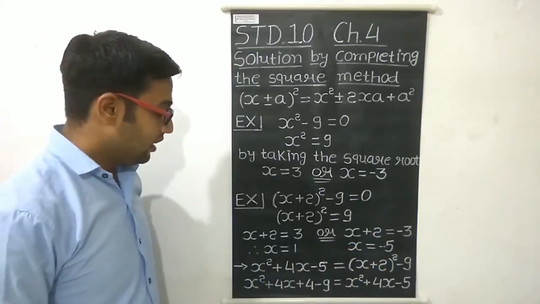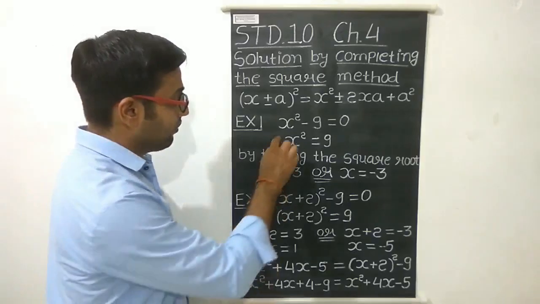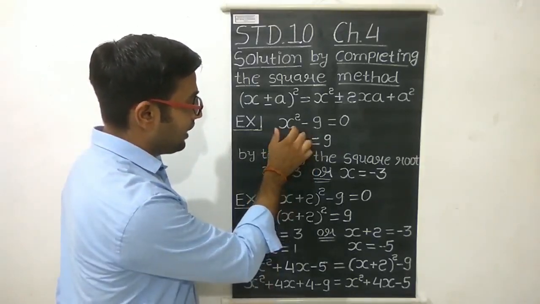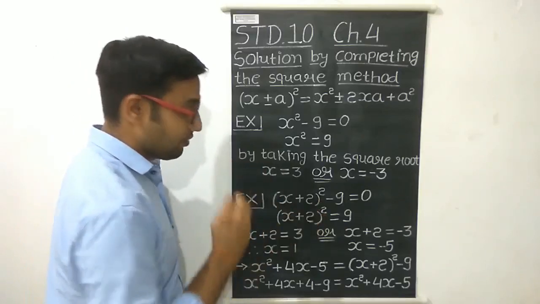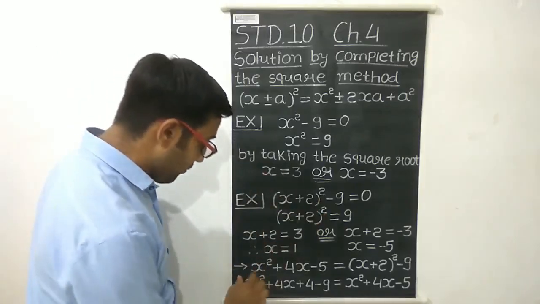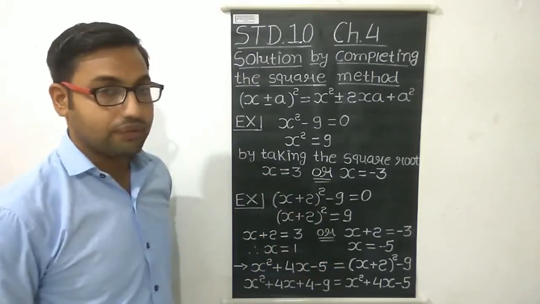Okay, now what will happen if we are not given a perfect square, like in this example and in this example? Let's suppose we are given this type of equation, x square plus 4x minus 5.